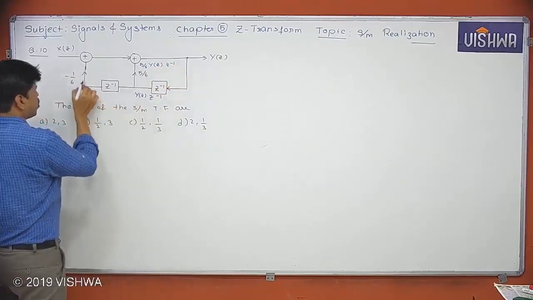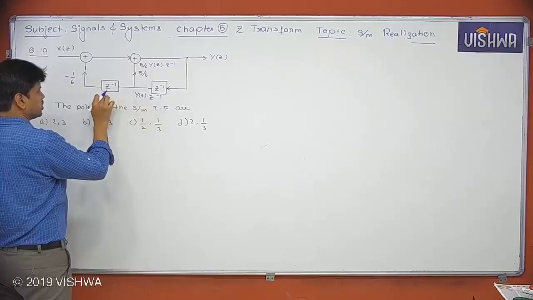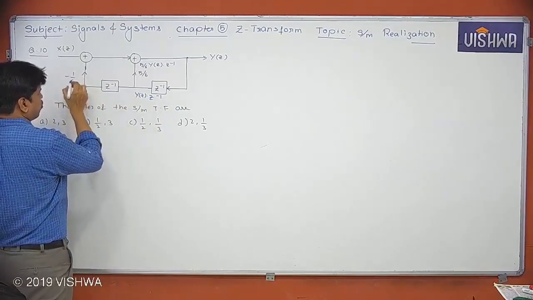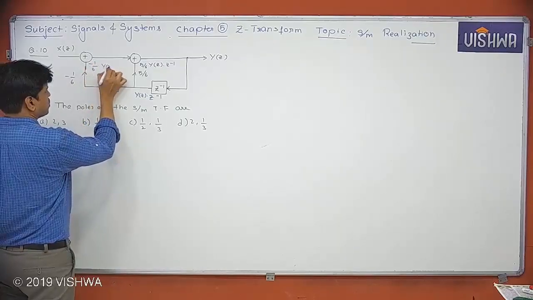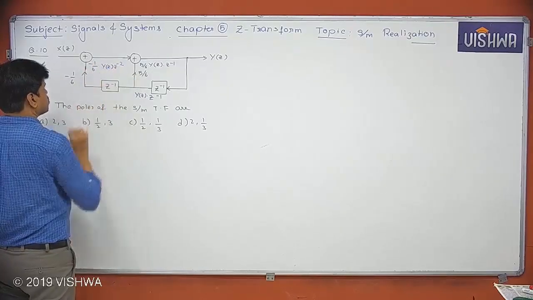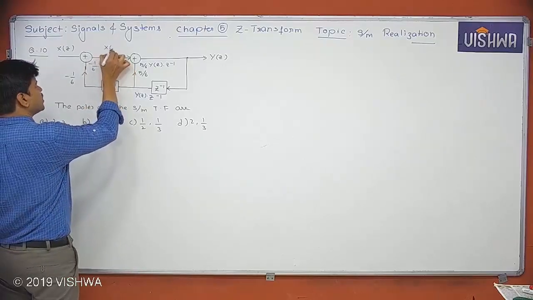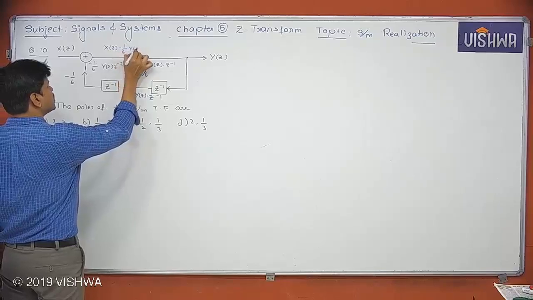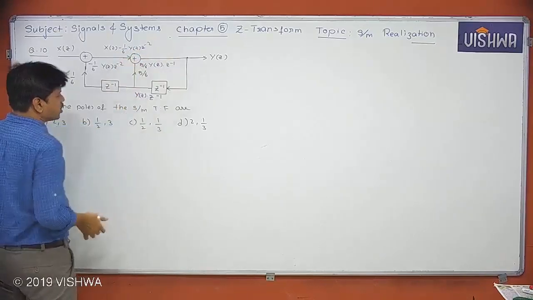Now what am I going to get here? Y of z, z inverse into z inverse. That is nothing but z power minus 2 multiplied with minus 1 by 6. So minus 1 by 6 Y of z, z power minus 2. Next, this is X of z. If these are added, that is going to be Y of z.